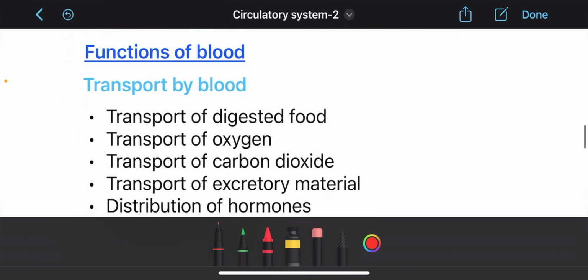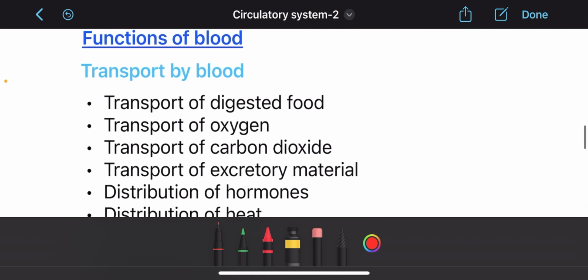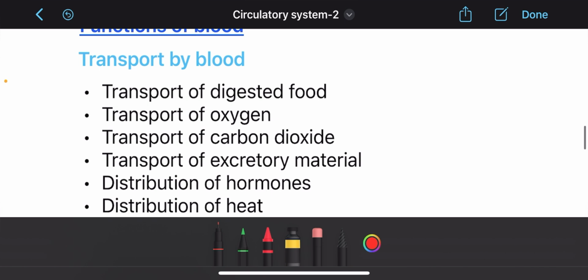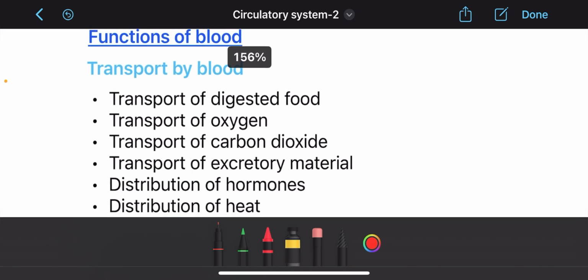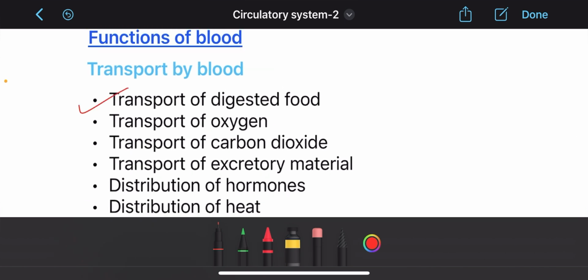The first function performed by the blood is transport. What all is the blood going to transport? It is going to transport the digested food which is digested in our alimentary canal and absorbed by our intestine, and from there it is transported to different parts of the body.